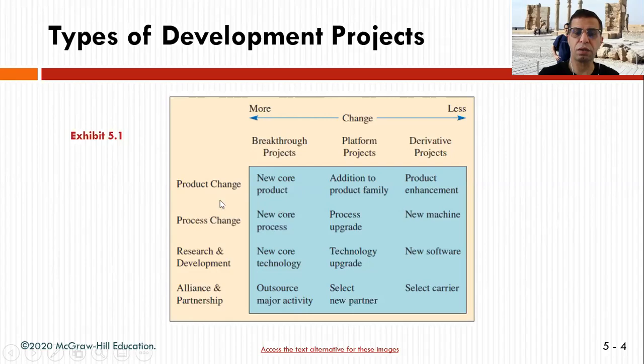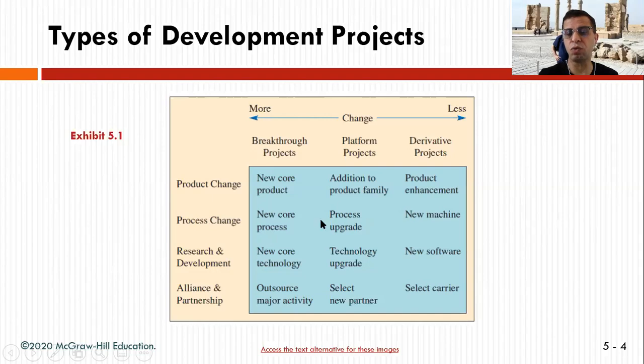Now, a new product in product management, and a process change, a new process, definitely. A new core technology is when you're using some kind of mobile application where before you just used an ERP or desktop application, and outsourcing your major activities. And then, as I said, the platform project is additional product families.